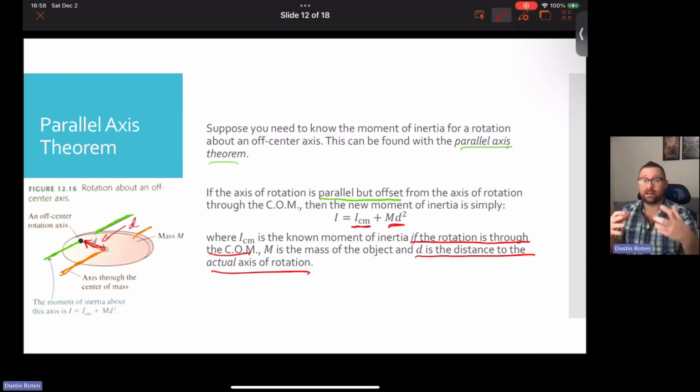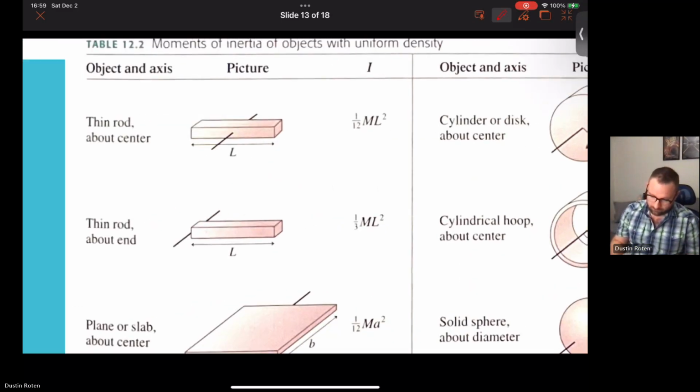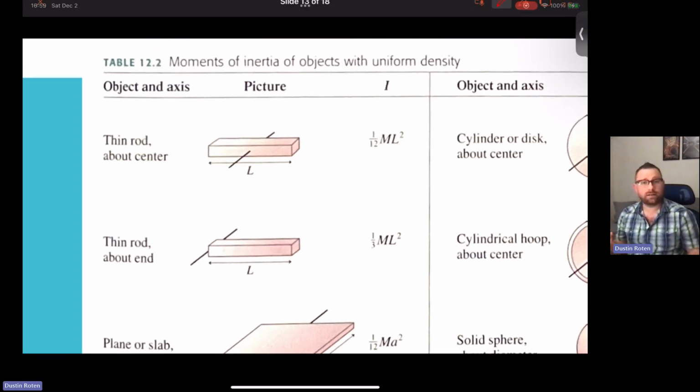If you want to know where that comes from, you can look in the textbook. We won't cover that here. So here are several actual known moments of inertia, depending on what you want to do. Here you have a thin rod about the center, so it's symmetric and spinning maybe like an airplane propeller.